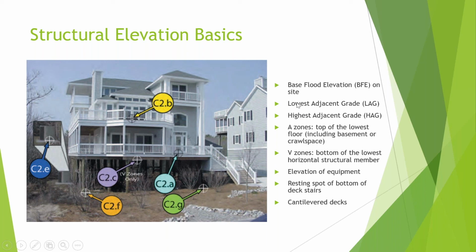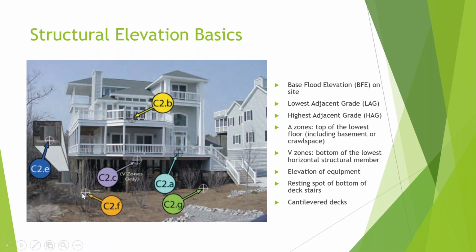But what you do need to know is what is the lowest adjacent grade. Now, adjacent grade means the height of the land at the perimeter of the structure, all around the perimeter of the structure. So they're going to ask for the lowest adjacent grade where the structure meets the earth, and the highest adjacent grade where the structure meets the earth.